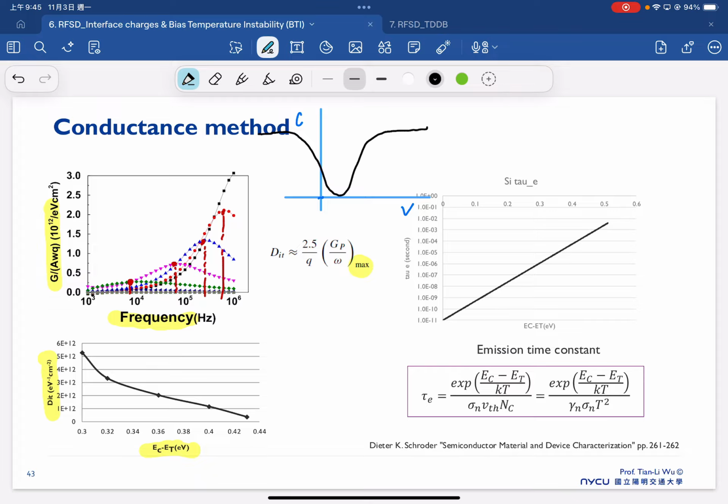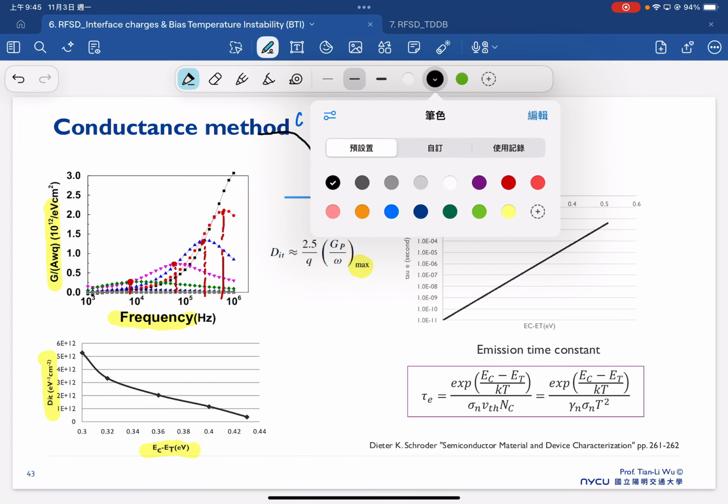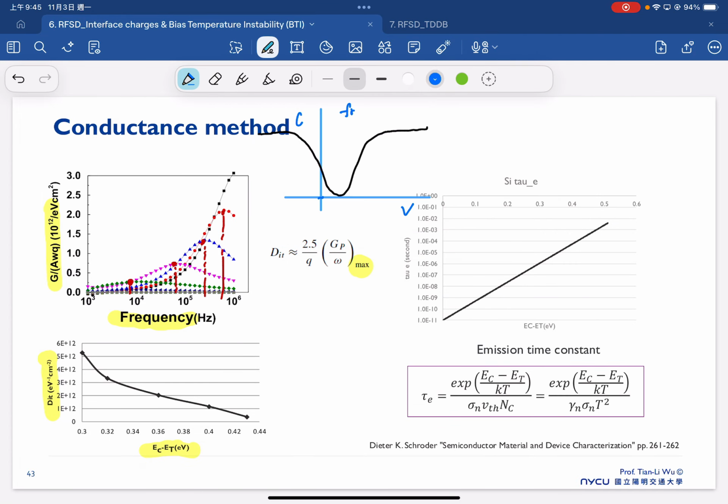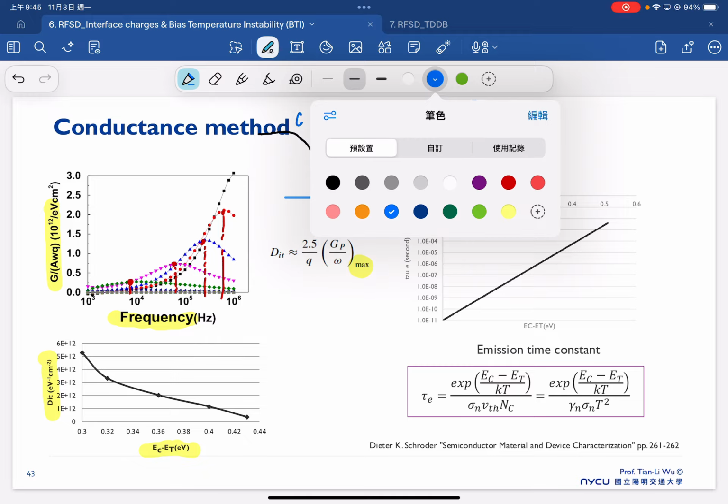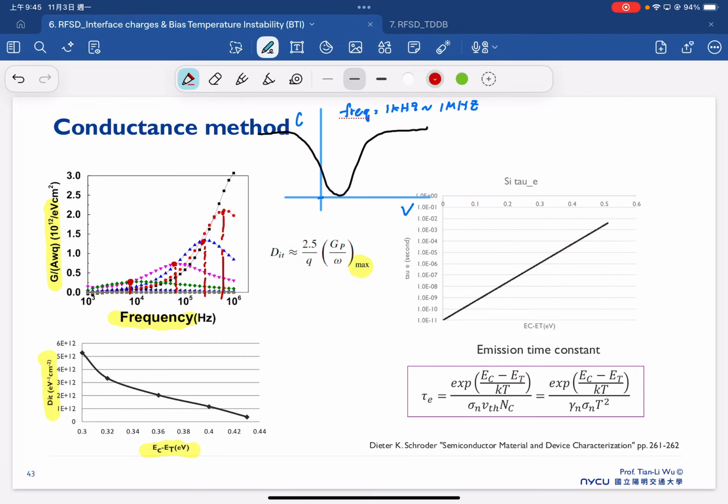But once we start sweeping the CV with frequency, for example from 1 kilohertz to 1 megahertz, and once we take into account the impact coming from the interface state density, then you will start to see your CV curve has this kind of distortion.